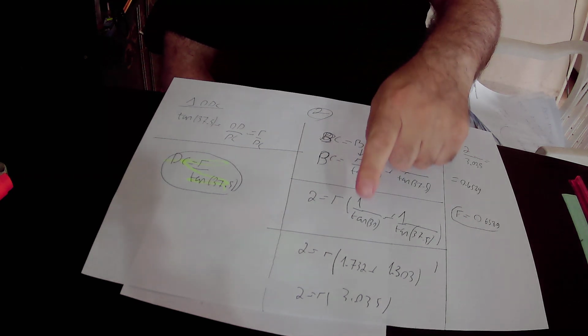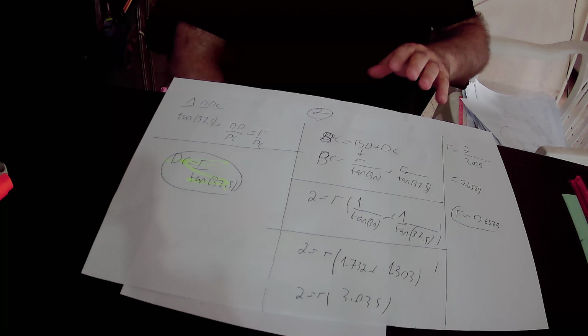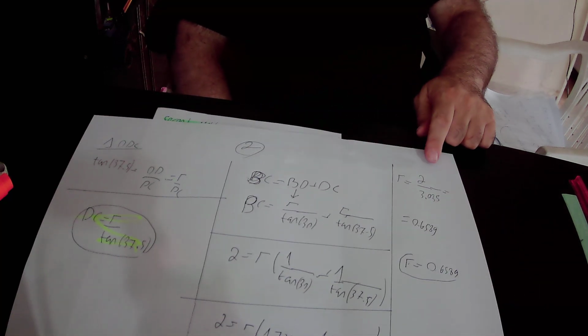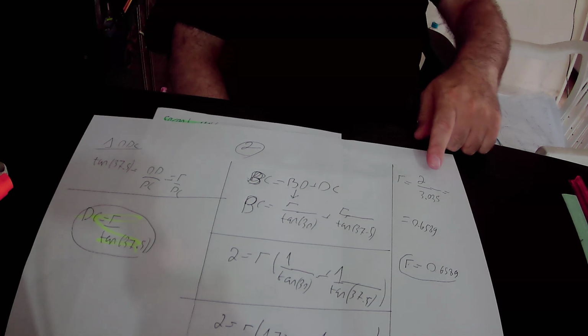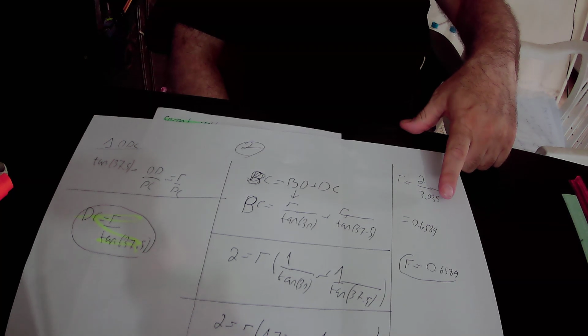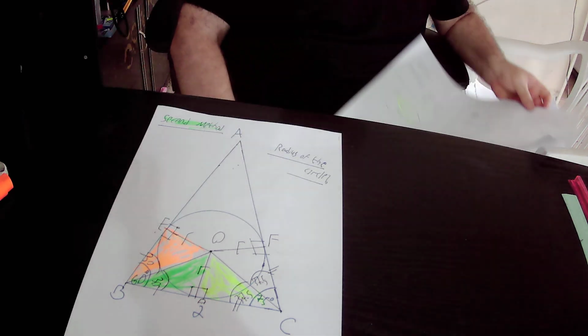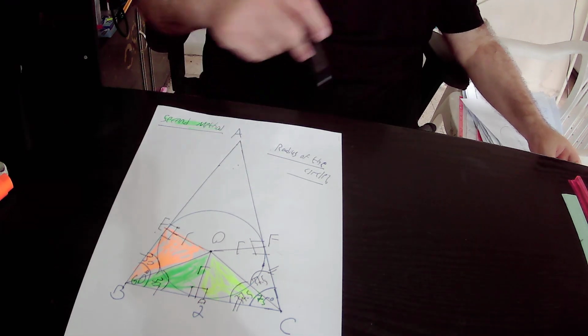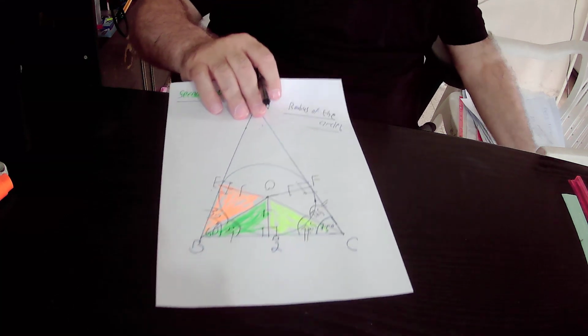We divided this equation by 3.035 and found that R equals 2 over 3.035, and this expression equals 0.6589 units. So the radius of this circle equals 0.6589 units. Okay, we finished with the first question.